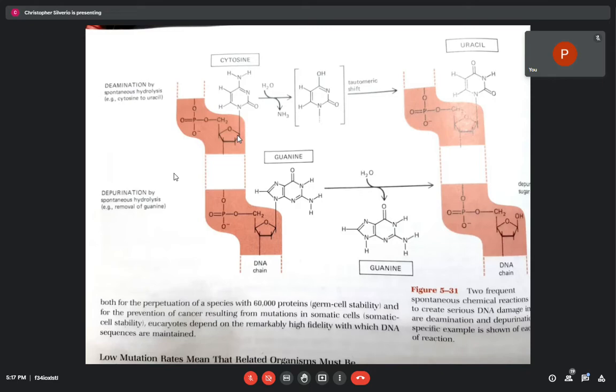And at the same time, the DNA is carrying, instead of uracil, what pyrimidine base is being carried by the DNA?